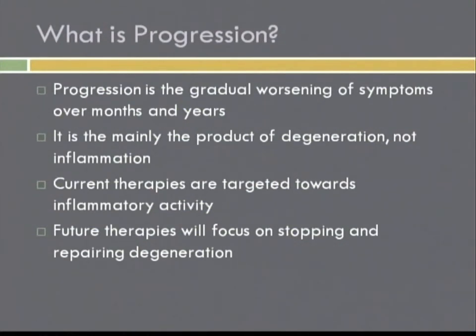And so, as I said, this is the loss of the nerve fibers. Instead of the injury to the nerve fibers, there's a loss of nerve fibers. Current therapies mostly target the inflammatory activity that causes attacks. So future therapies will focus on stopping and repairing degeneration to prevent progression.